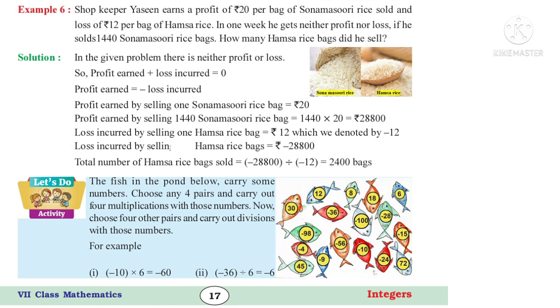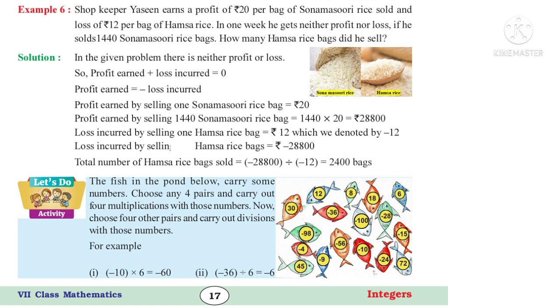Loss incurred by selling Hamsa rice bags equal to minus total profit, that is minus 28,800. So total number of Hamsa rice bags sold equal to repeated subtraction of 12 rupees from 28,800 rupees, or simply division. So minus 28,800 divided by minus 12, minus divided by minus is plus. So 28,800 by 12 equal to 2,400 bags.